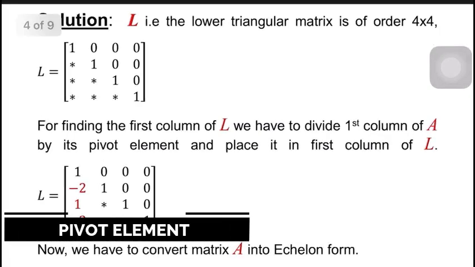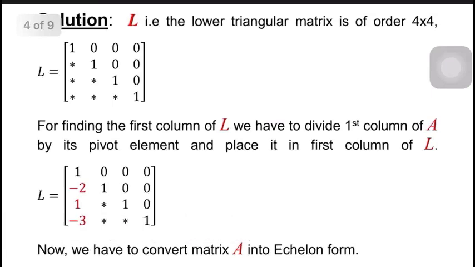For solving LU factorization, we must have L, which will be a 4x4 matrix, and here we have L that is a 4x4 matrix: 1 0 0 0, and then we have asterisks. These asterisks are indicating the places of entries we have to put from the next step.